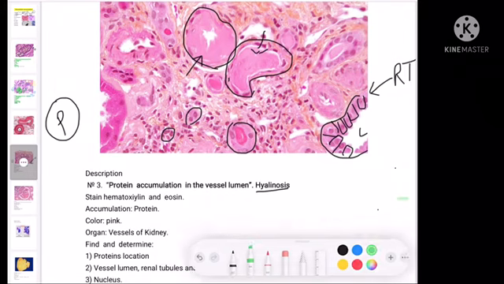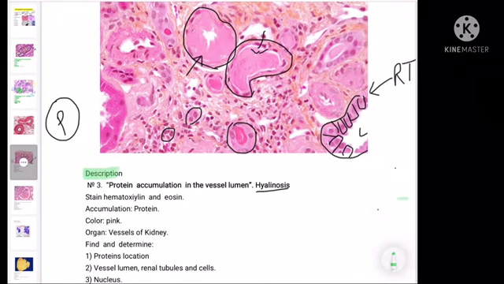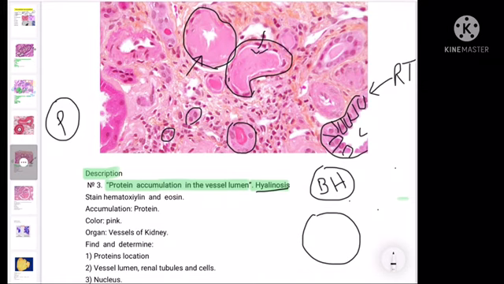So what is the description saying? The description is protein accumulation in the vessel lumen is called hyalinosis. In some diseases, when there is benign hypertension, then in the vessel we can find a lot of proteinaceous substances in the lumen, in the vessel wall, along with the cells.